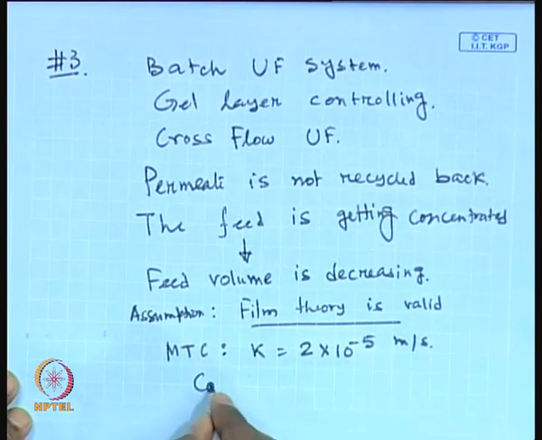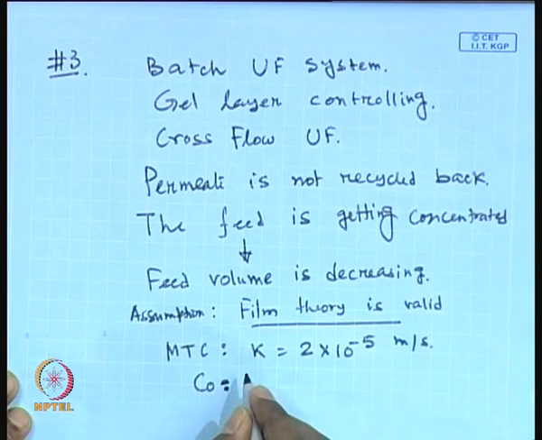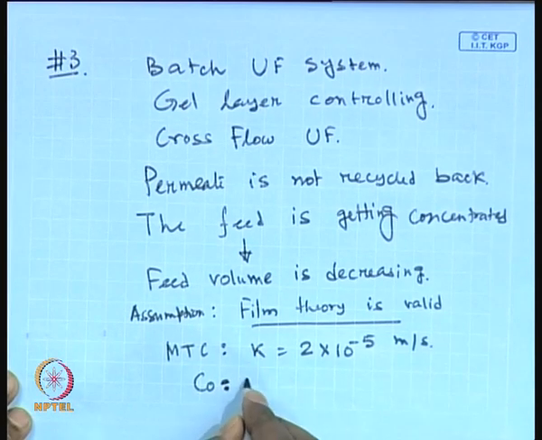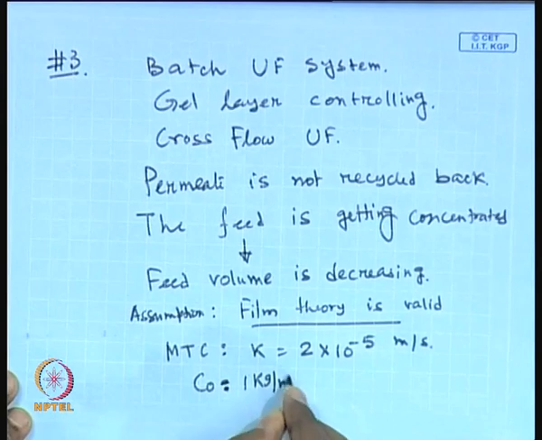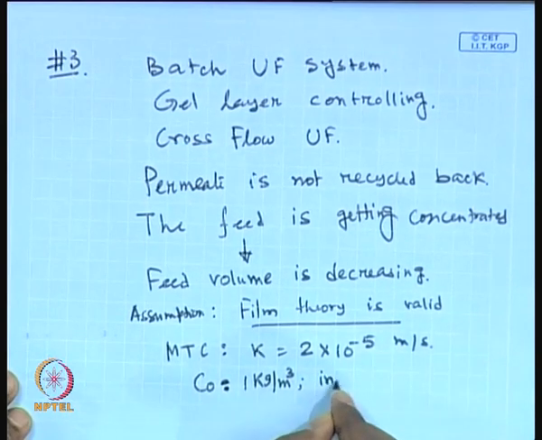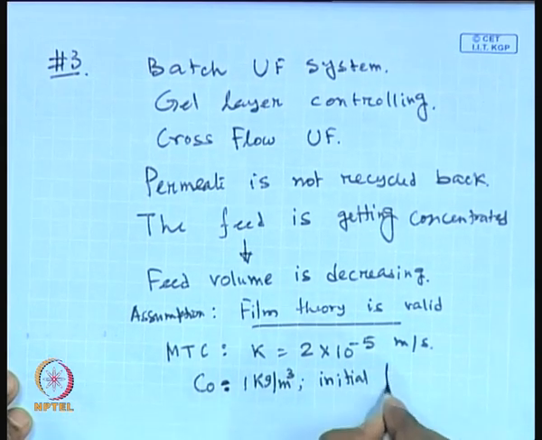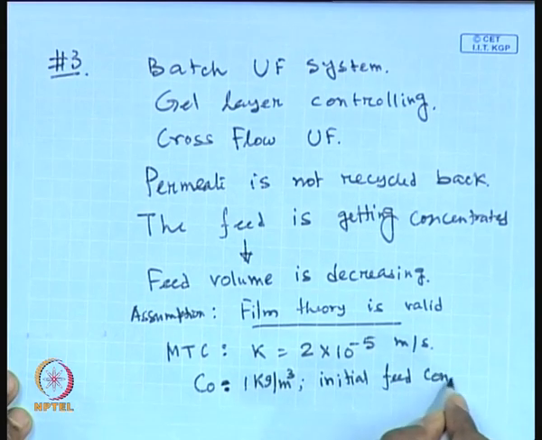Okay. Initial feed concentration is 1 kg per meter cube. The initial feed concentration is given.